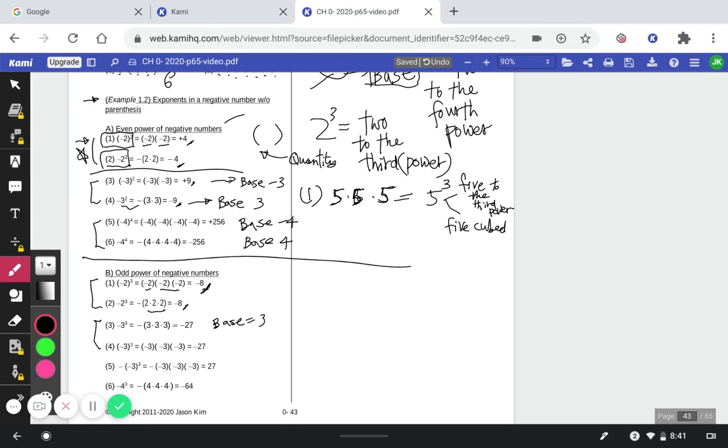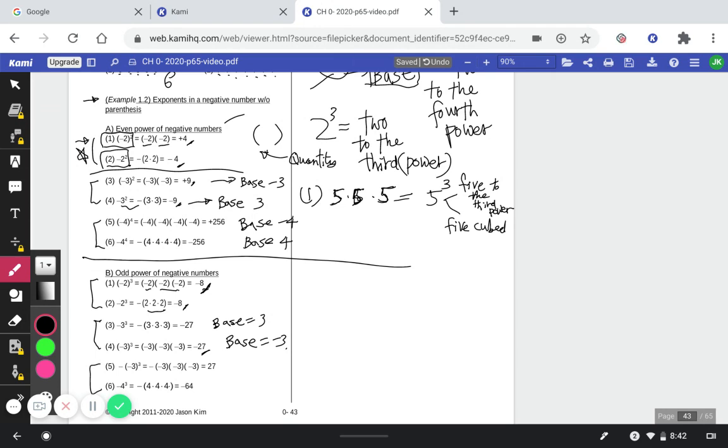Number 4, this time the base is negative 3, not 3. Even though the base is negative 3, the way you read number 4 is the quantity of negative 3 to the third power, which is negative 3 times negative 3 times negative 3, because the base is negative 3. So you end up with negative 27.